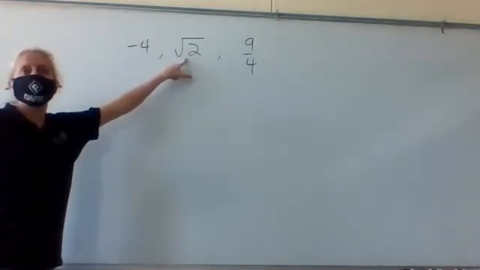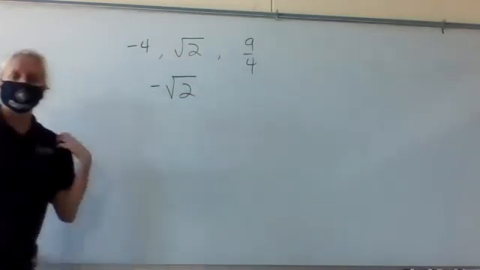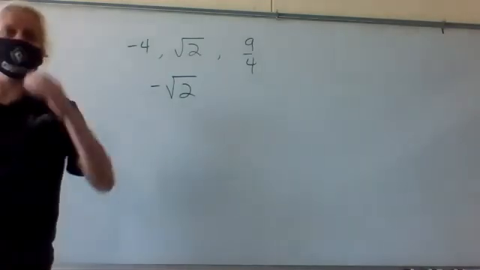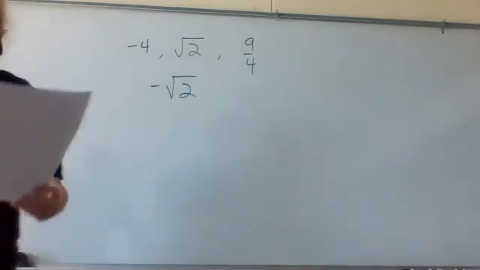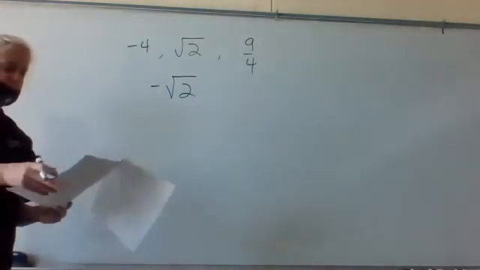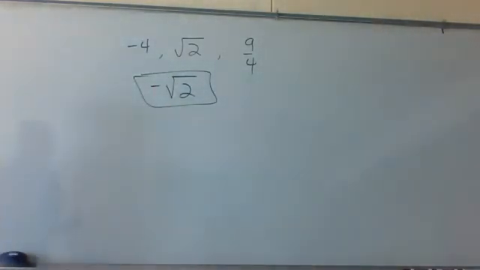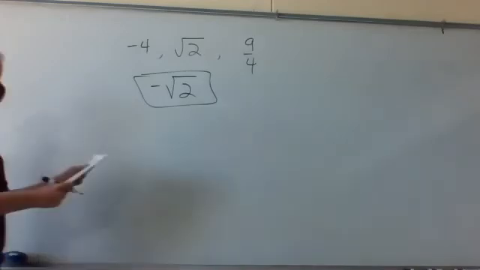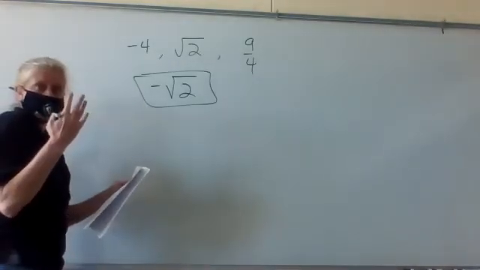If square root of 2 is a 0, so is negative square root of 2. So that's your other 0. That's just simply your answer to number 7. That's the missing 0.